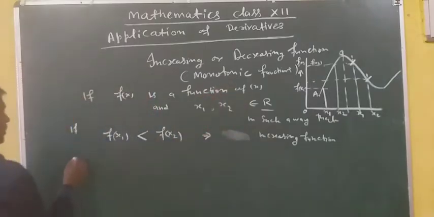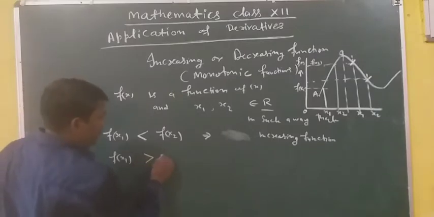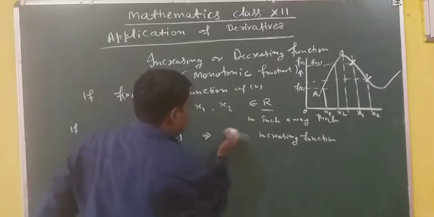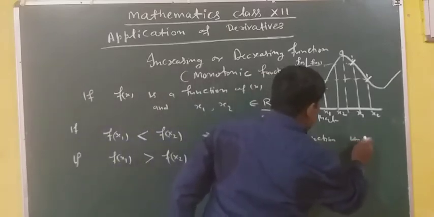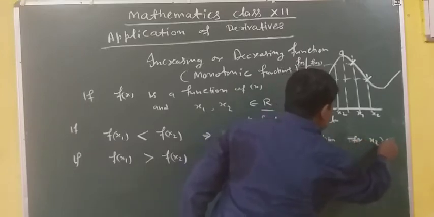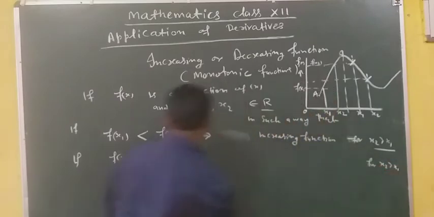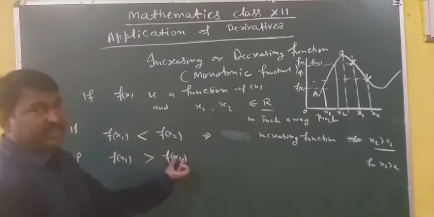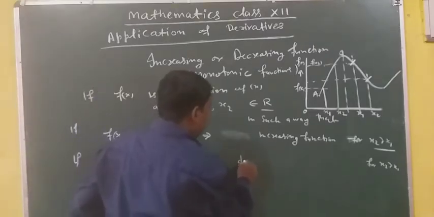So how will you write it? If f(x1) is greater than f(x2), where x2 is greater than x1, that is, if x2 is greater but the value of the function is less, this implies a decreasing function.